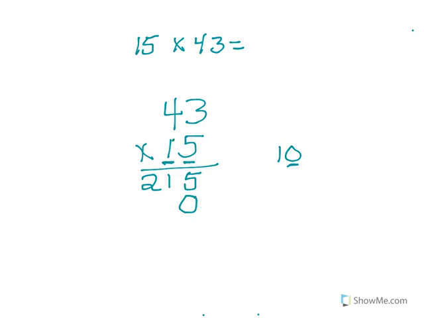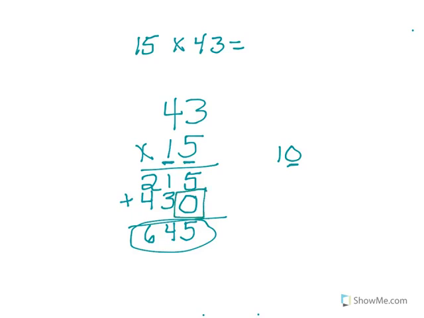Then I do 1 times 3, which is 3, and 1 times 4, which is 4. I add my 2 partial products, and I get 645.